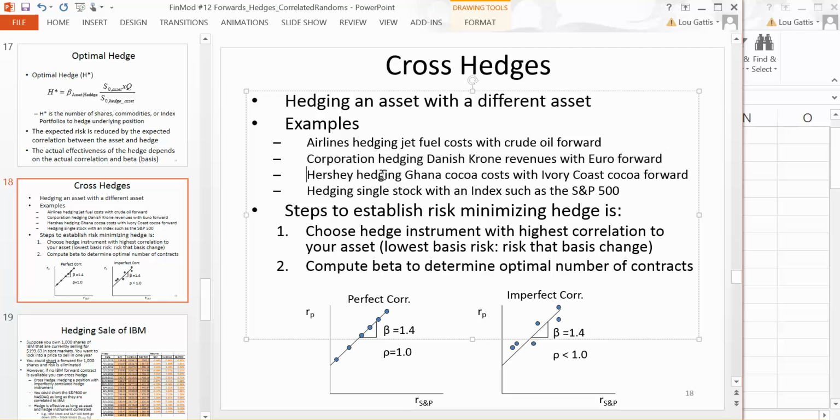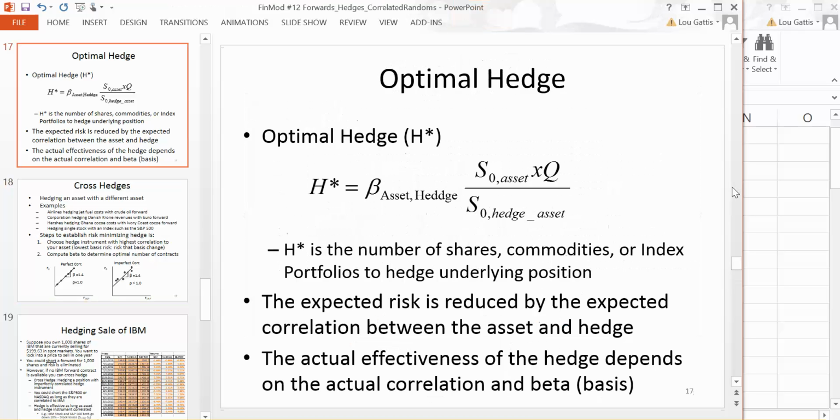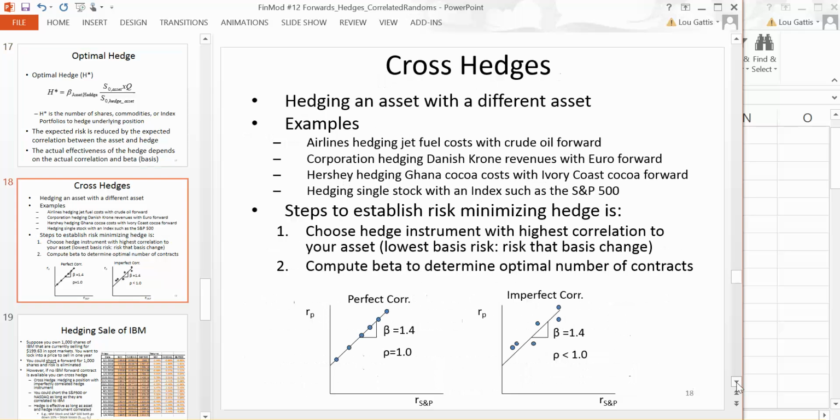Another example of a cross hedge would be a firm like Hershey that wants to hedge cocoa prices, but the cocoa in the forward market is a little bit different than the cocoa they require. Let's pretend they like cocoa that's produced in Ghana. However, the forward contract generally is delivery of Ivory Coast cocoa.